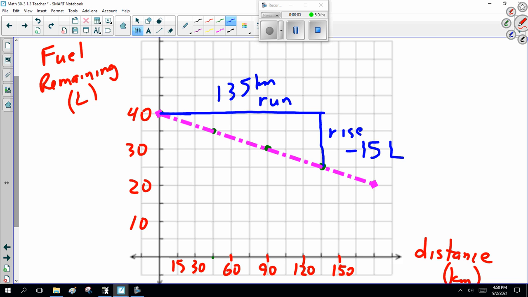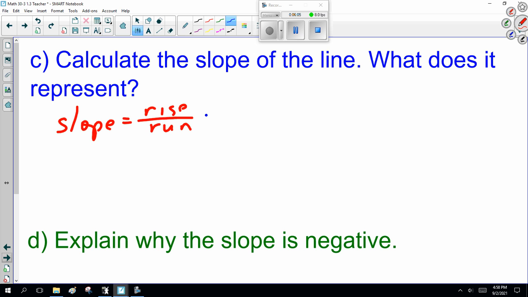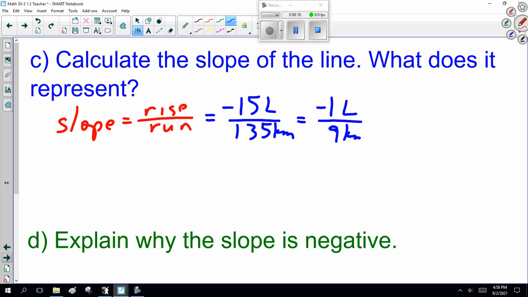Rise is minus 15 liters for 135 kilometers, which is minus 1 liter per 9 kilometers, which is the rate of fuel consumption. And why is the slope negative? She's using gas.